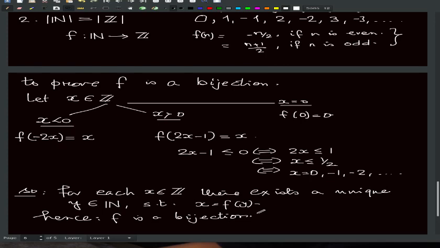This is one such function which establishes this bijection. There can be several other functions. So let's see. There's one that I know of. I was trying to remember it because it was one of the questions that we had to show. They gave us the function, and you had to show that it's a bijection.